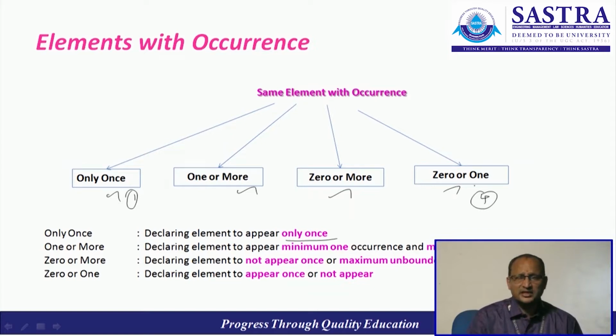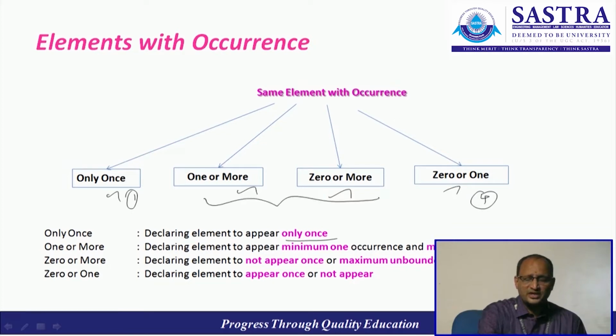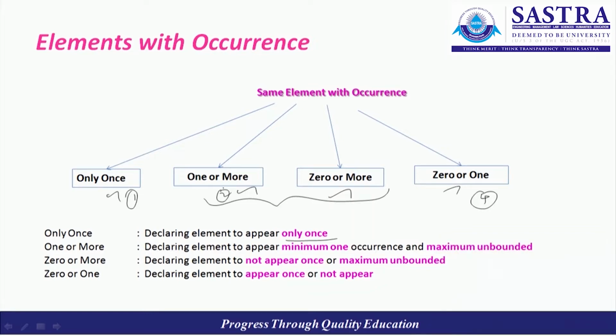If it is included as a child, it definitely should not appear more than once. And the middle two are slightly differentiated. The second category, 1 or more: minimum it should be there at least once, and the maximum is unbounded, that is n number of the same element can be included.